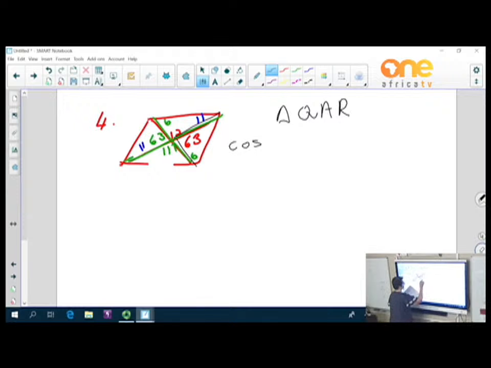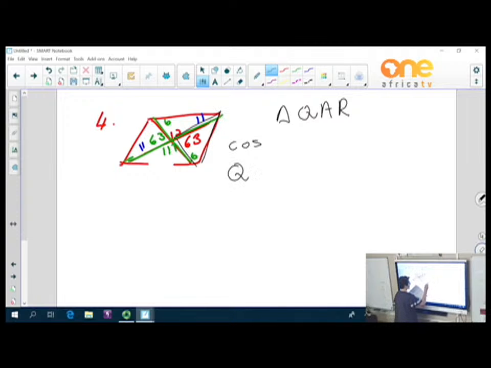That is now the one that we are working with here. So I can use the cosine rule again. I've got the two sides and the included angle, and I want to find QR now, the third side there.